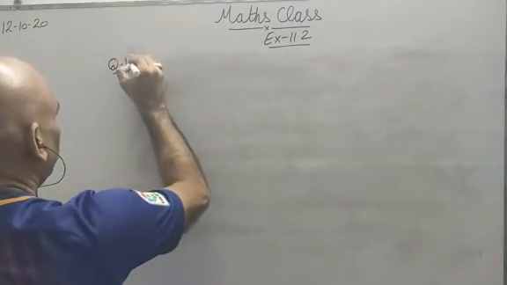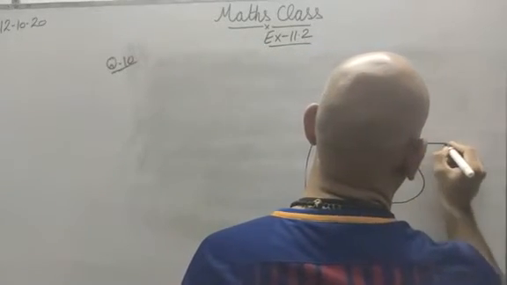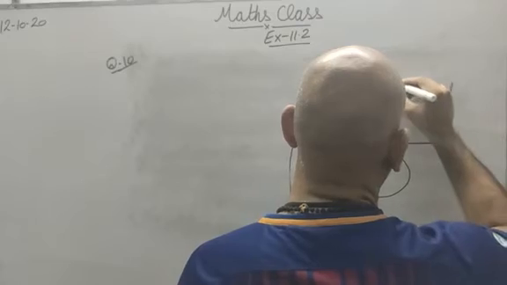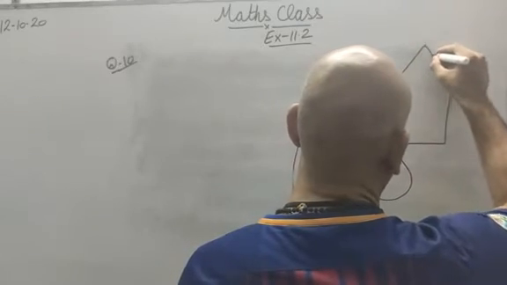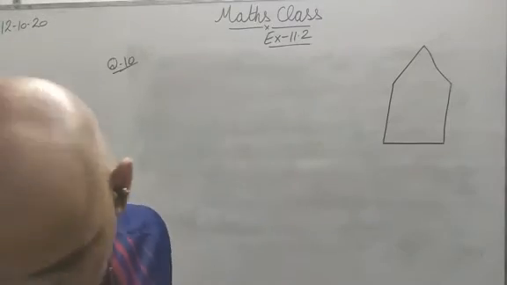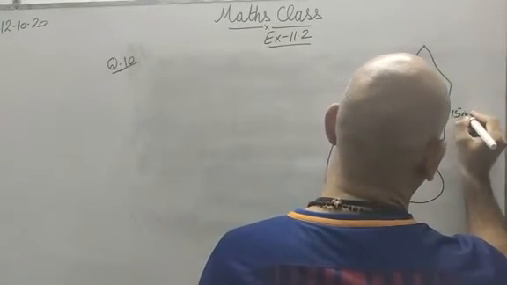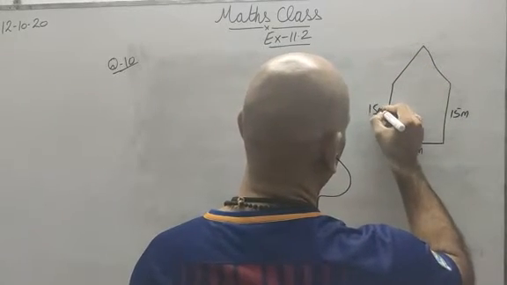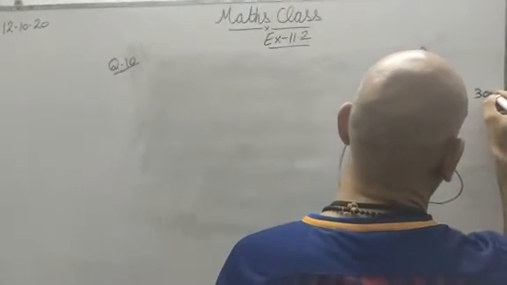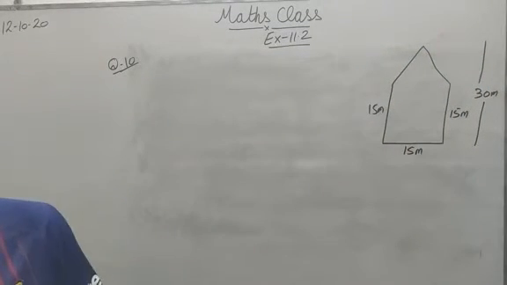Question number 10 we are doing this time. It is made like this. A figure like this is there, and the dimensions are this. This is 15 meter. This is 15 meter. This is 15 meter. And this he is telling us is 30 meter.